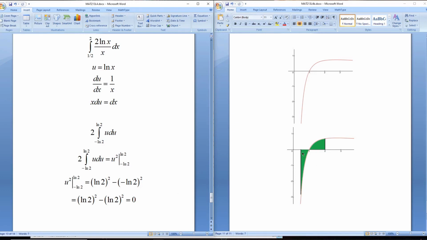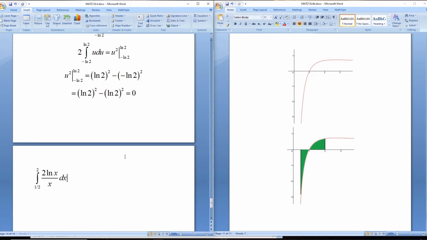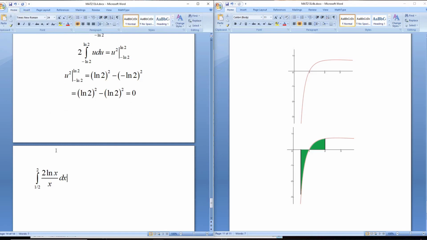Well, since we know it's equal, we could just do half of the integral. So we could do a half to 1, and then just multiply that by 2, or we could do 1 to 2 and multiply that by 2. But I do want to take the general case if they aren't equal on how you'd go about doing that.